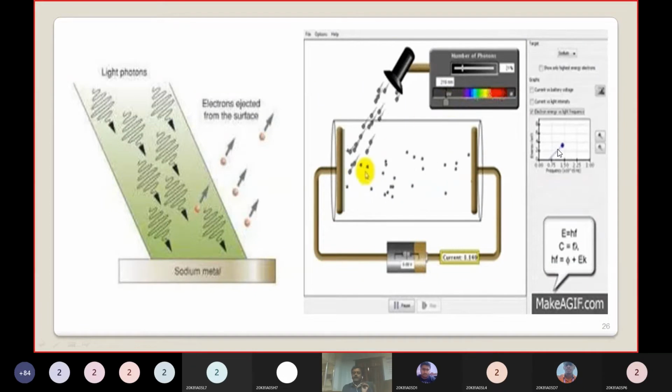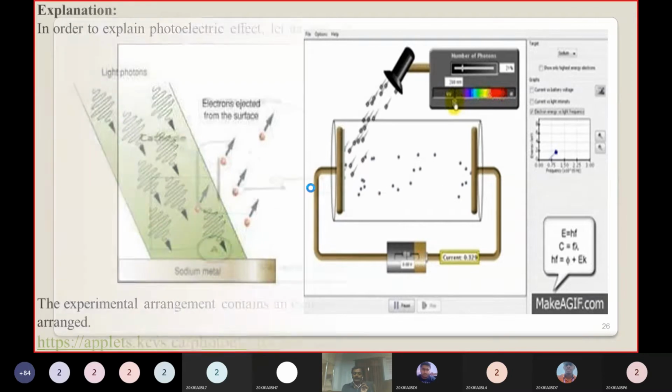If you increase the intensity, the number of photons increases. If the number of photons increases, the number of emitted electrons also increases. If electrons increase, the current passing through the circuit also increases. So the current passing through the circuit depends on the intensity of the photons.